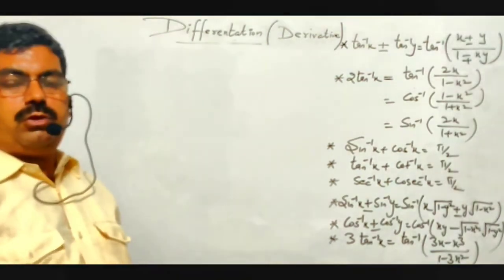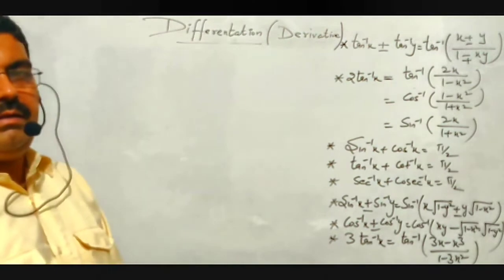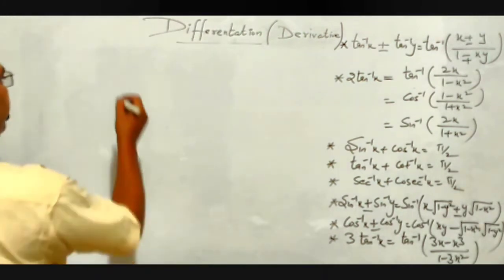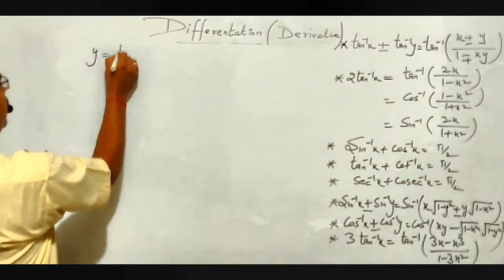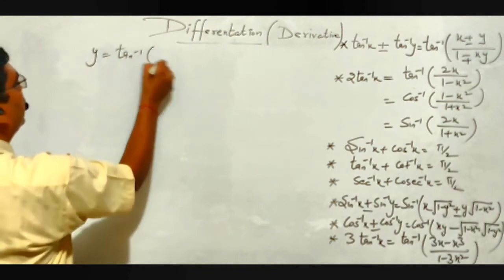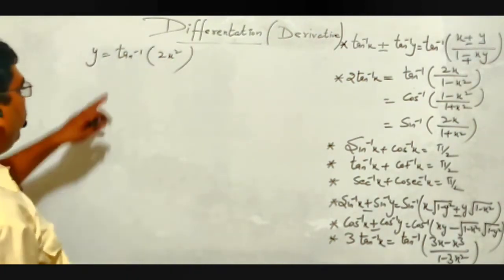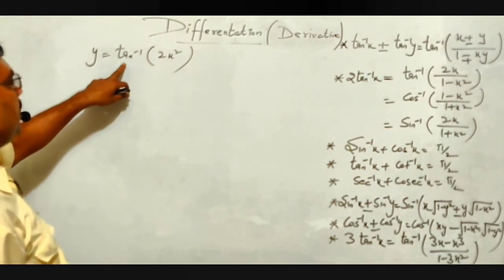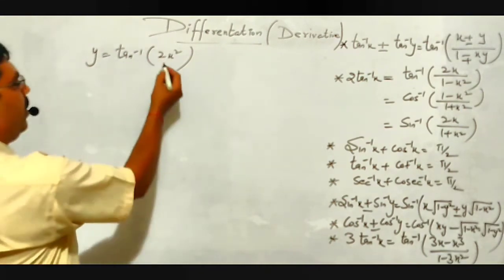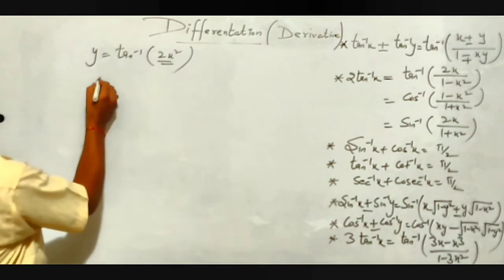Now some questions related to inverse trigonometry. First, y equals tangent inverse 2x square. First we take the derivative of tan inverse, after that the derivative of the angle of the inverse.